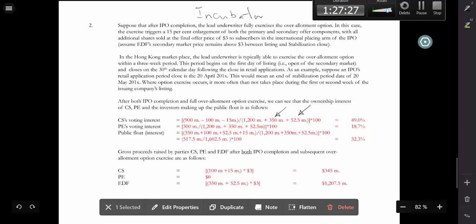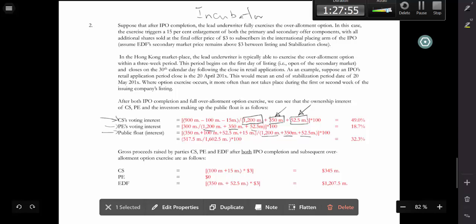Now you add all these up. So these are the old shares, the new shares for sale, and then the over allocation. Notice that this number actually appears everywhere. So once you have worked that out, and make sure you get it right, basically you use that all over the place, regardless of whether it's CS or PE or the public.